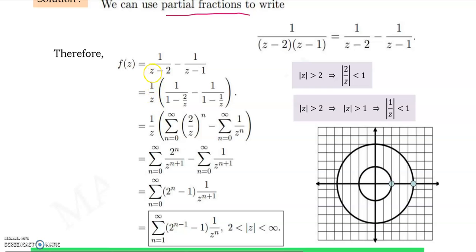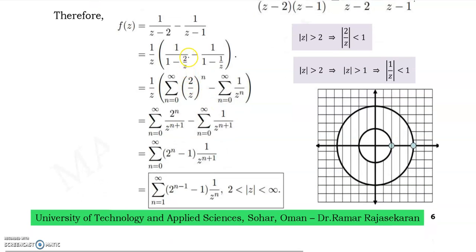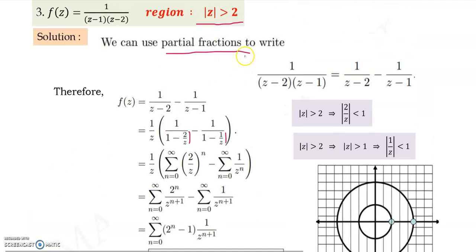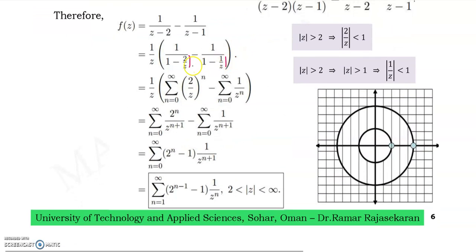So if you take z out, what will happen? 1 over (1 minus 2 over z) minus 1 over (1 minus 1 over z). Now you see why we take z outside. How do we fix the condition, the given region, for this?